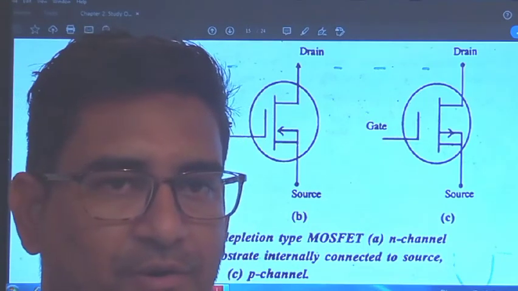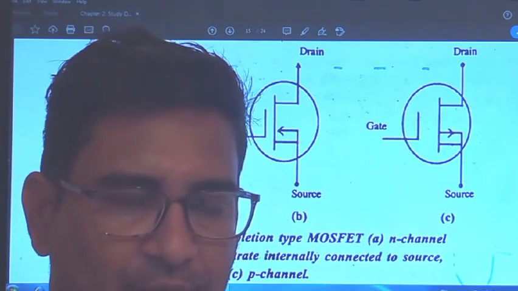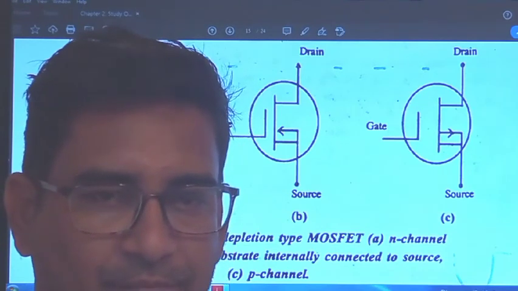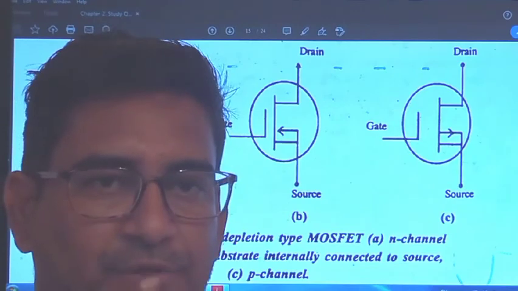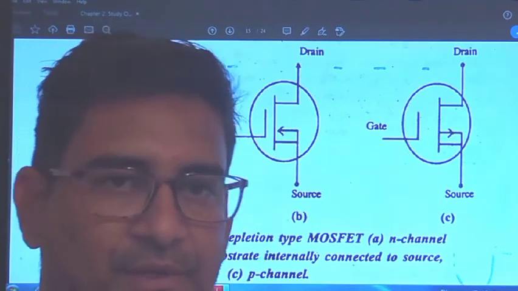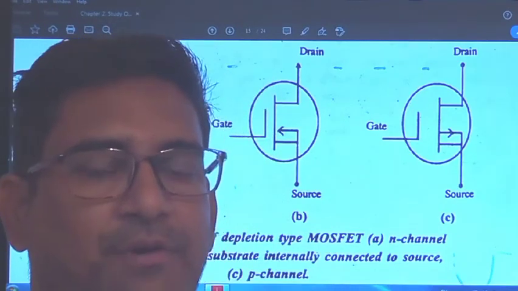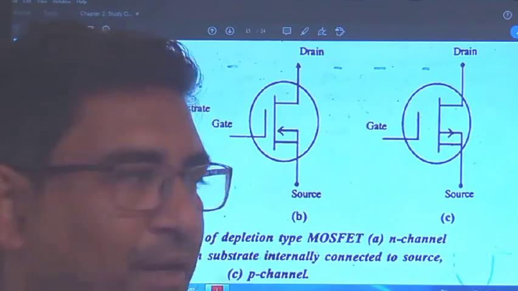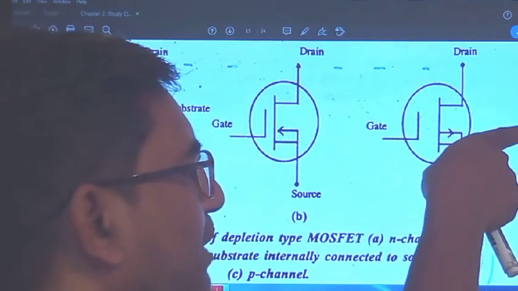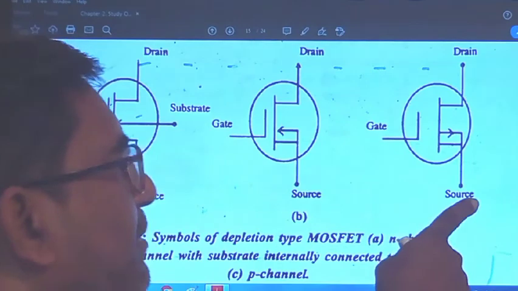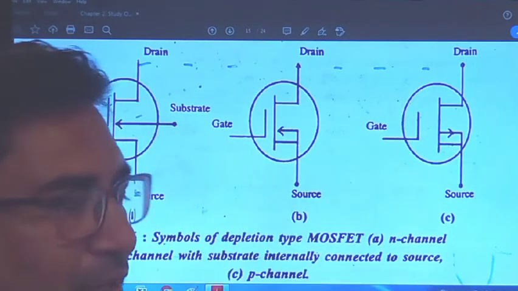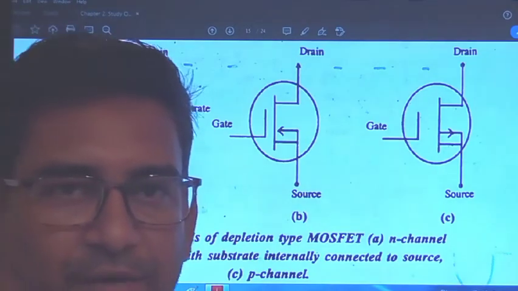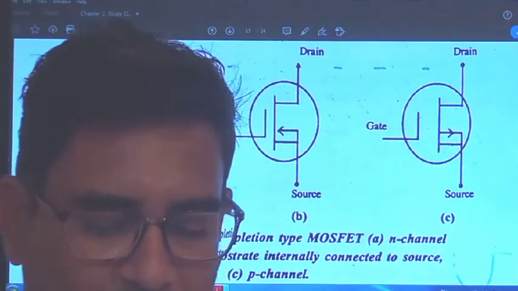In a transistor, if we drew the arrow outside, it was considered NPN. But if the arrow is pointing towards the base, meaning an inward arrow, then it was considered PNP. Here, if it is going outside, it is considered a P channel. If it is going inside to the substrate, it is considered an N channel. So these are the three differences you should keep in mind.